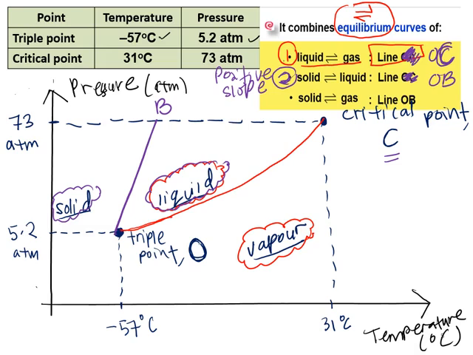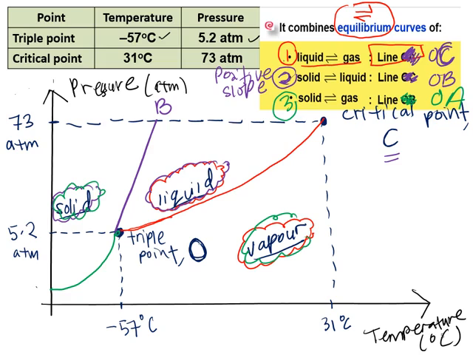Okay, last sekali kita ada line solid and gas in equilibrium. Yang ketiga, kita ada solid and gas in equilibrium. Katakanlah saya gunakan line OA. So which part? This part is solid and this part is vapor. So kita ada satu curve from O to A. Macam ni.